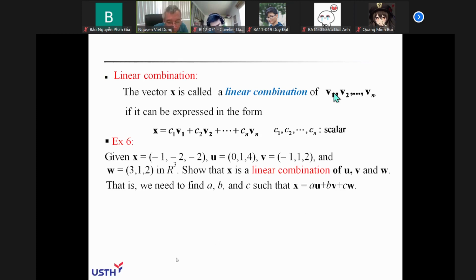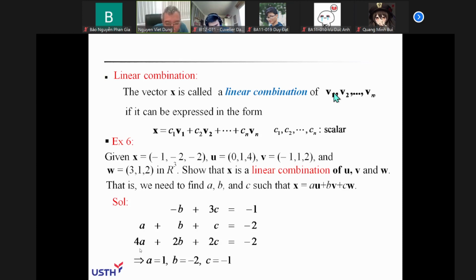Now we substitute x in, we substitute u into here, v into here, and w into here. You get a system of linear equations like that. Minus b plus c equals minus 1 is here. a plus b plus c equals minus 2.